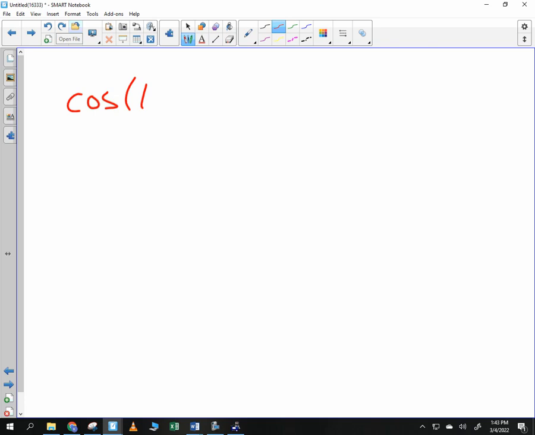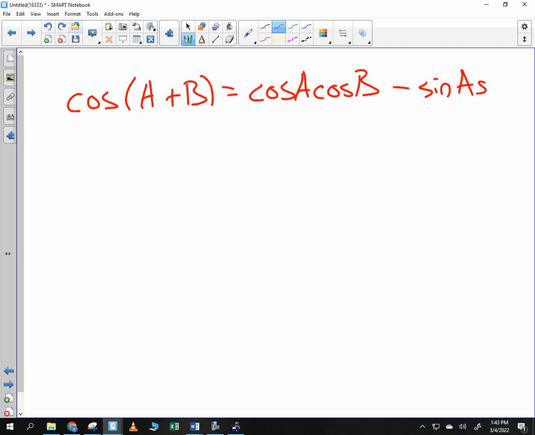Cosine of a plus b is equal to cosine of a times the cosine of b, and then we do minus sine of a times sine of b. So if you had the angles being the same, suppose they were both a, it would be 2a, correct?